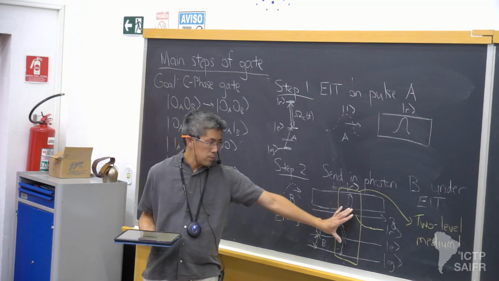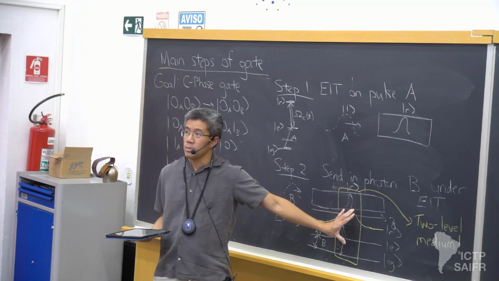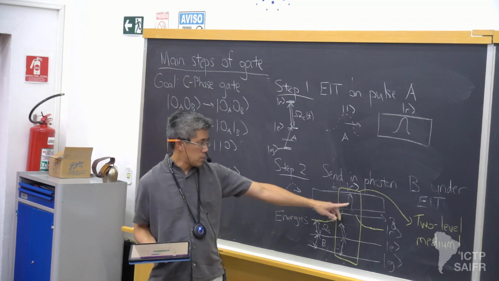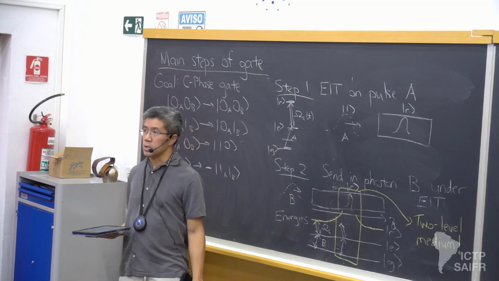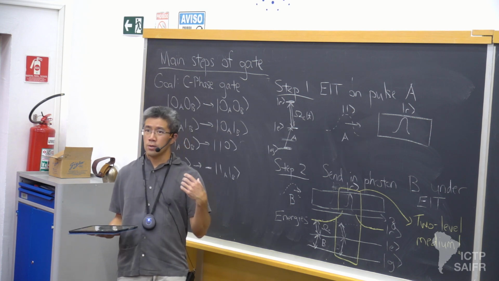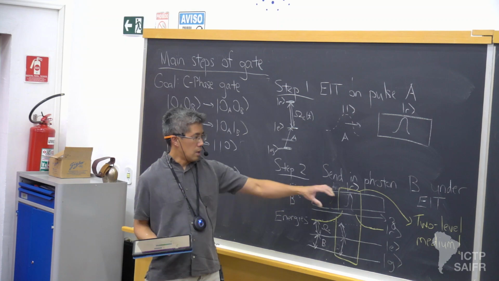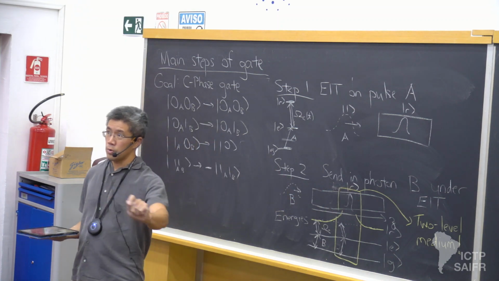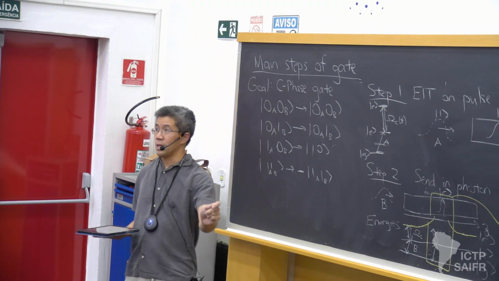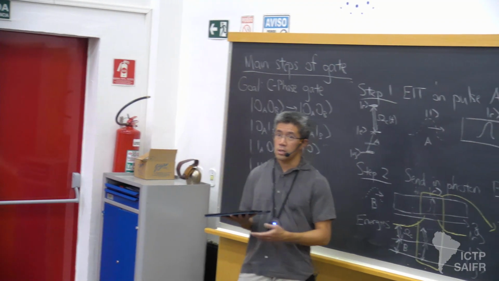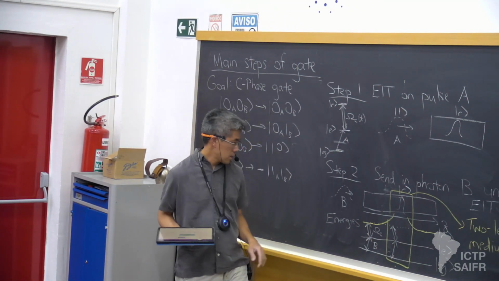I also derived for you the dispersion relation of a 2-level medium, and they're completely different. So what you can say, roughly speaking, is that this existing Rydberg excitation, or this photon A, changes the refractive index of the atoms in a macroscopic region. And then when photon B passes it, it can try to pick up an extra phase shift in the process. So that's the qualitative idea of the photon-photon gate.